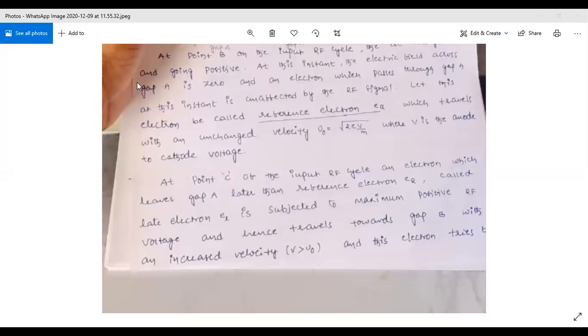Okay. Now, as a result of all these things, the electrons in the beam gradually bunch together as they travel down the drift space from gap A to gap B. Because of more velocity and less velocity, they are not simultaneously at gap B; they are at different velocities, so at different places.